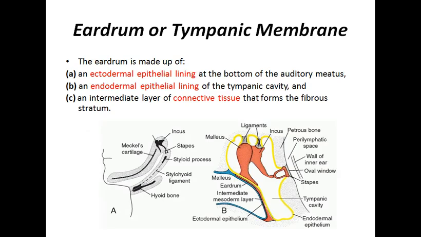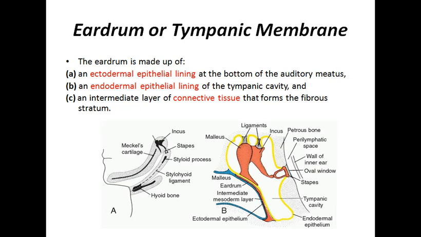So when we talk about the eardrum or tympanic membrane, we have already discussed that on the outer side it has the ectodermal epithelium and on the inner side it has the epithelium of the tympanic cavity, right. So outer is the ectodermal epithelial lining and inner one is the endodermal epithelial lining, right.